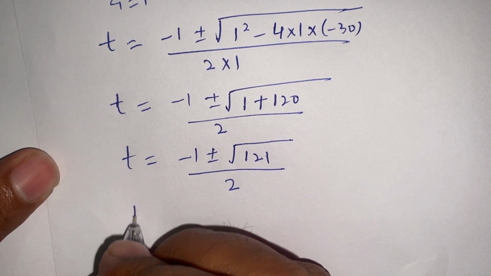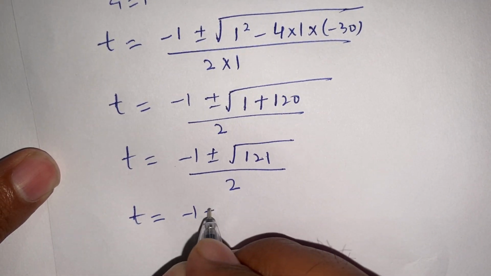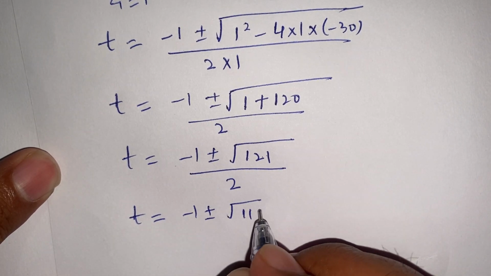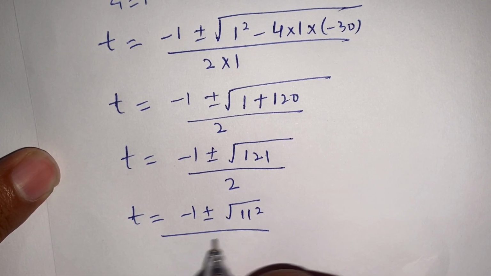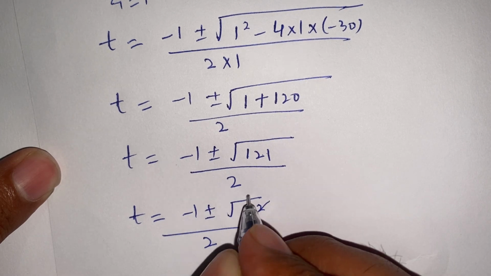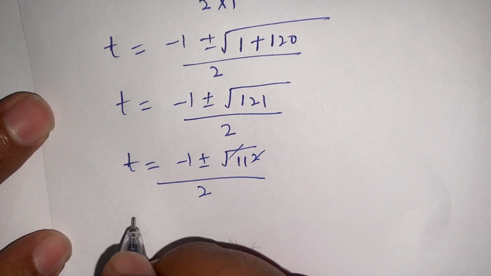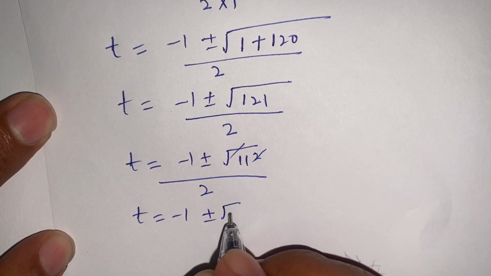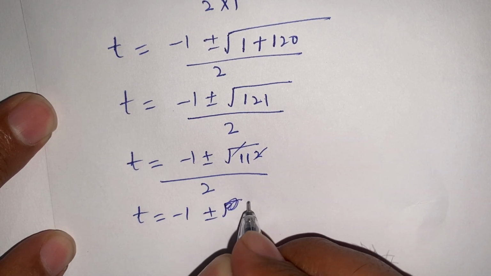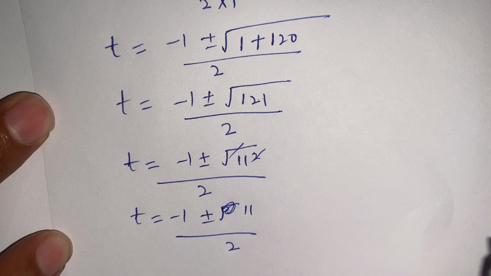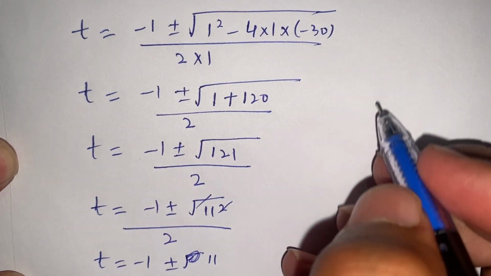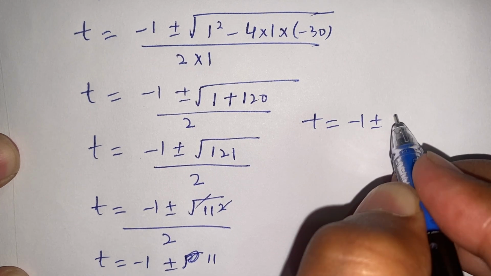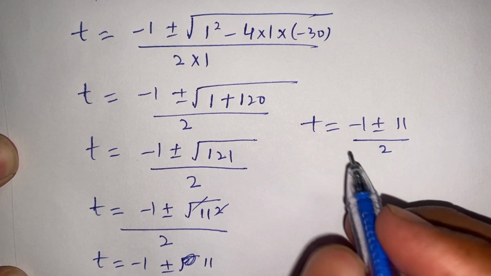Now t is equal to minus 1 plus minus square root of 121, which is equal to 11, divided by 2. Now this square and root can be cancelled out. t is equal to minus 1 plus minus 11 divided by 2.